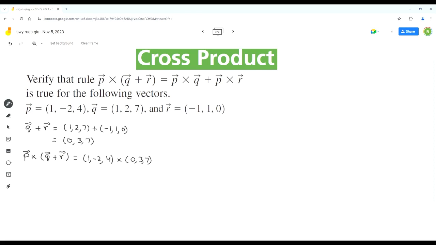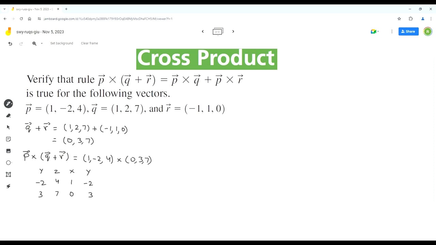So for that, we'll stack the y, z, x and y components of these two vectors. So in the first vector, the y component is negative 2, z component is 4, x component is 1, y component is negative 2. In the second vector, the y component is 3, z component is 7, x component is 0, and y component is 3.